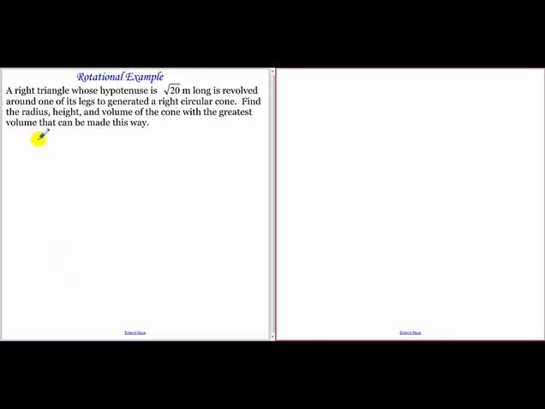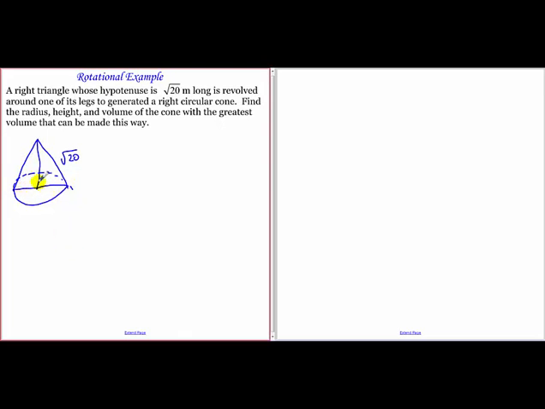Okay, so we have a right triangle whose hypotenuse is root 20, and it's revolved around its leg to generate a right circular cone. So what if I took and I revolved this around and we got a cone?